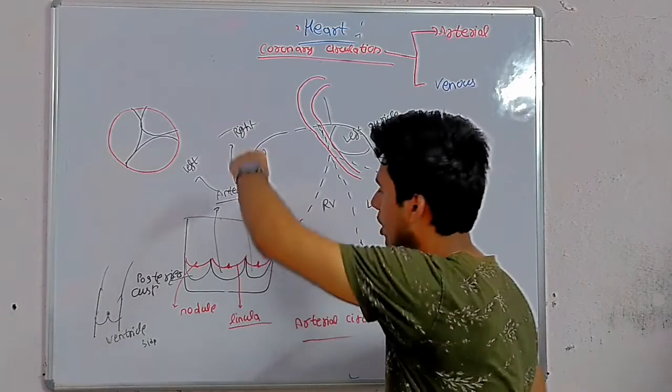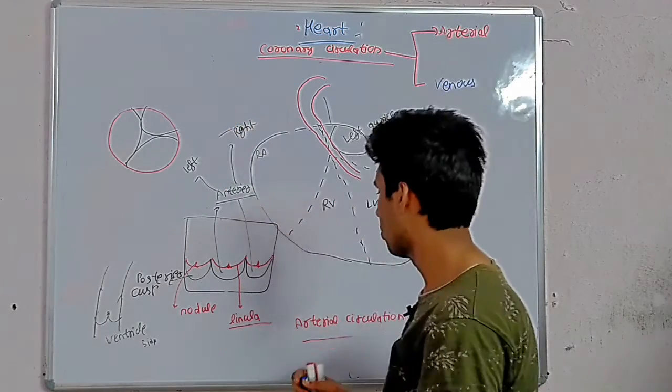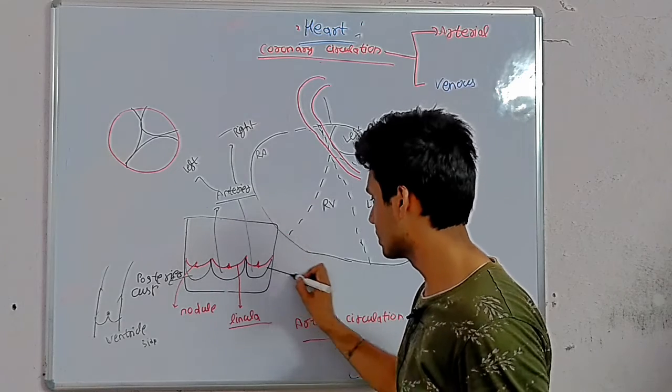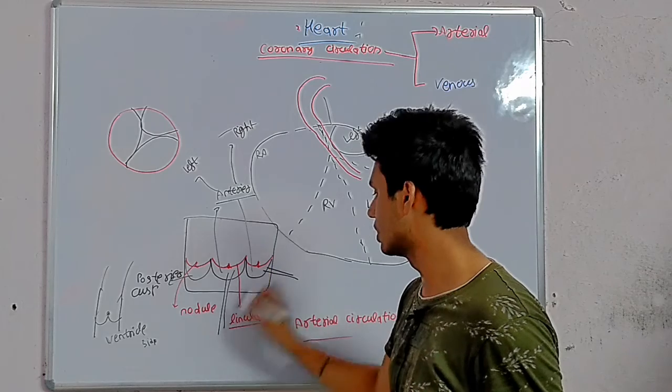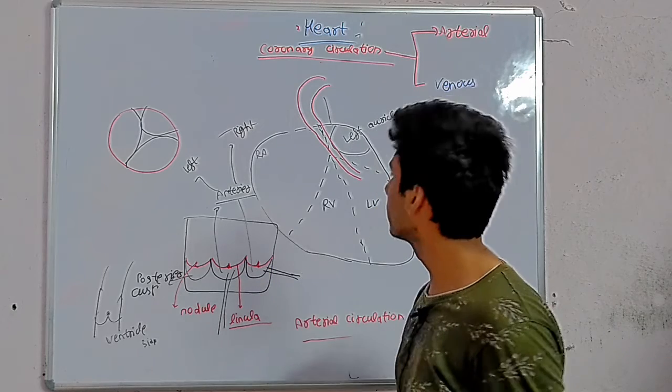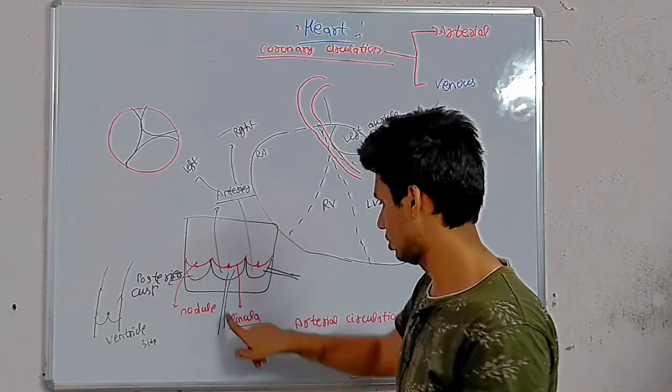When blood pressure drops, blood goes backward and fills this cusp, and from here some vessels emerge, one from this and one from this. These are the vessels which supply the heart. These are totally arteries.